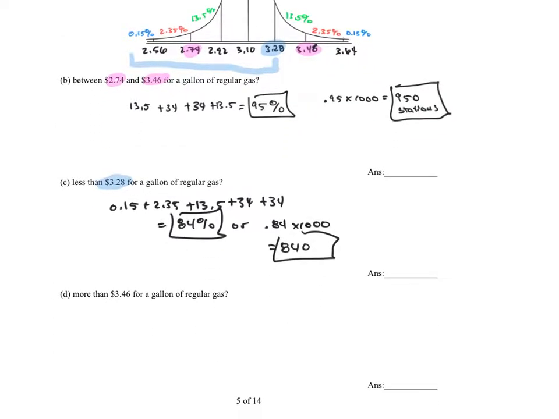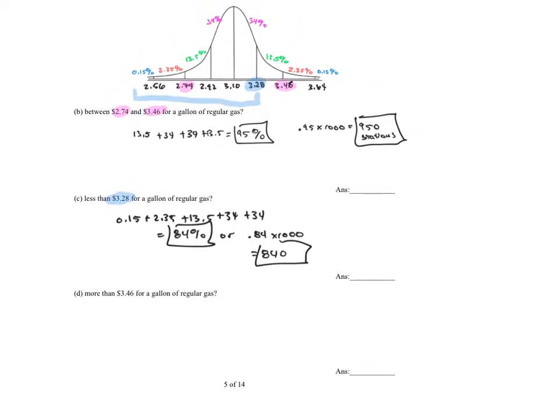Okay. Now it says how many charge more than $3.46 per gallon. I'll use a different color. How about green on this one? So here's 3.46, and they're wondering how many are more than that. All you've got to do is add your percentages. 2.35 is the first percentage, plus 0.15. Again, never forget that tail end.